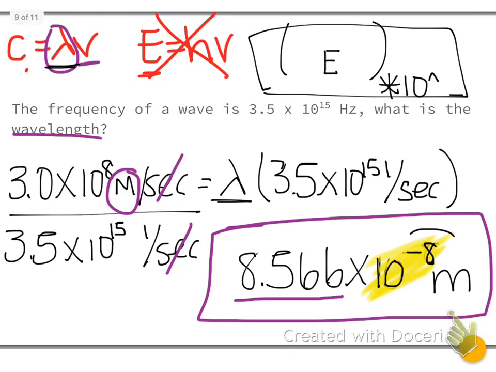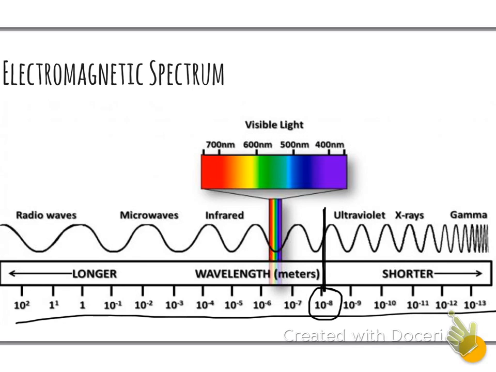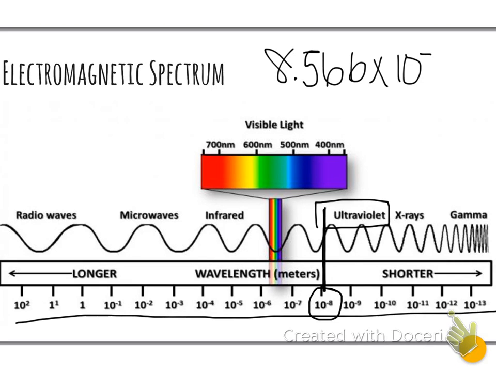This is where your exponents really, really come into play and are very important because they're going to help you determine what this is. So if we go back, something times 10 to the negative 8th. So we're looking at our wavelength here. So along this line, you should be able to find that. So times 10 to the negative 8th is going to be right about here, which means we're looking at something that is in the ultraviolet ray. So if I were to ask you what type of wave that was that had a wavelength of 8.566 times 10 to the negative 8th meters, you could tell me that that would be an ultraviolet wave.